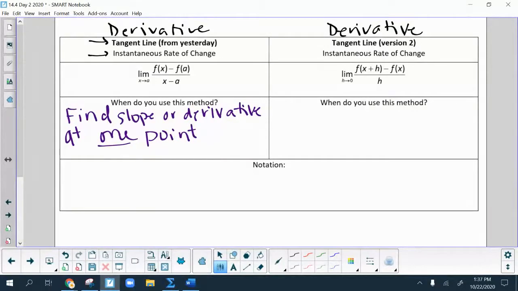That's when you would use this formula. It works really well when you're told to find it for 1 point. The one on the right, which I think you would even have learned how to do the part without the limit last year, you use when you are finding the slope or finding the derivative, finding an expression, let's say that, find an expression for the slope or the derivative.